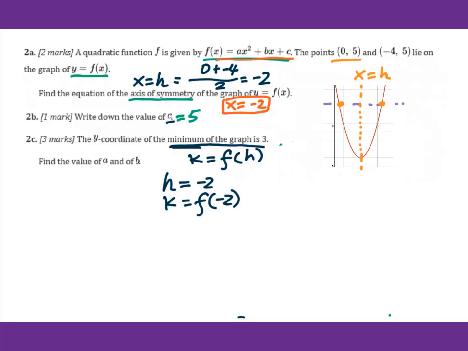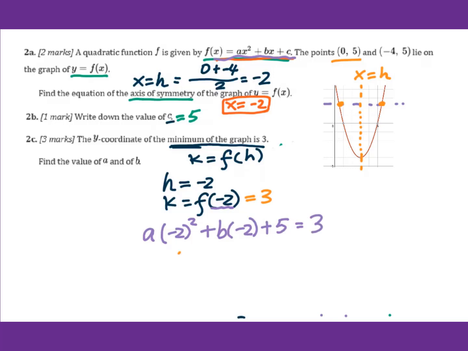You are supposed to get 3. So we plug -2 into this function now. You will get A times -2 squared plus B times -2, then plus C. C is 5, equals 3.